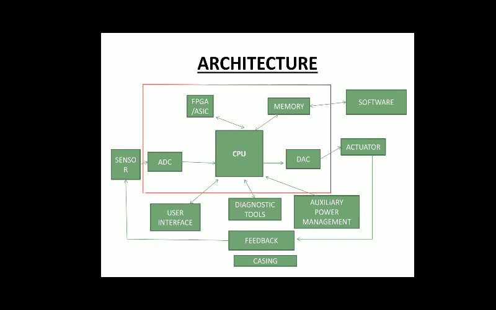Apart from that we have auxiliary power management like cooling system and other things, and the actuator changing the sensor using feedback, and casing. So what is casing? Casing means the external casing of the embedded system.